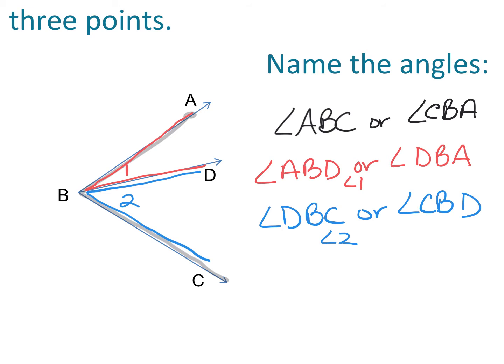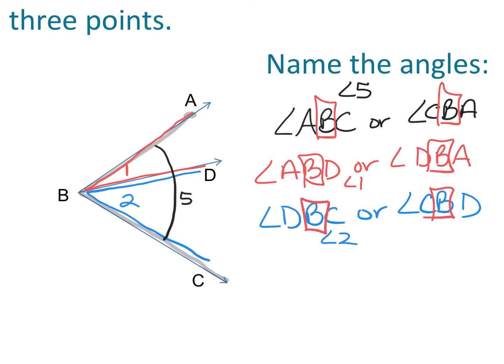But if it had another number on it, let's say I put a little mark here and said that that angle together, ABC, was 5, then I could say that one is also 5, something to that effect. But again, notice on all of these, the middle letter is a B, because that is the location of the vertex. Again, I could not just say angle B because I wouldn't know which one you're referring to.